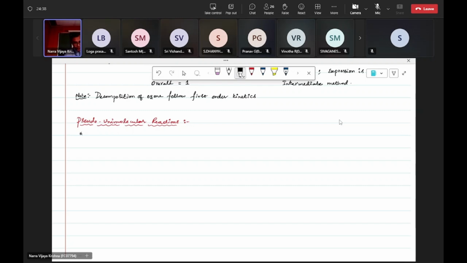Right? So if we have an excess amount of reactant, in this case the rate of reaction is independent of the concentration of reactant.